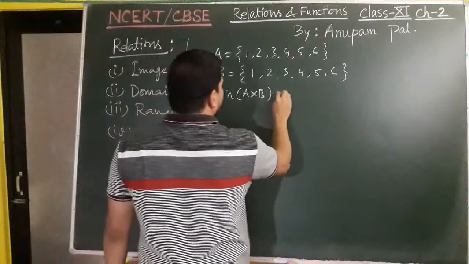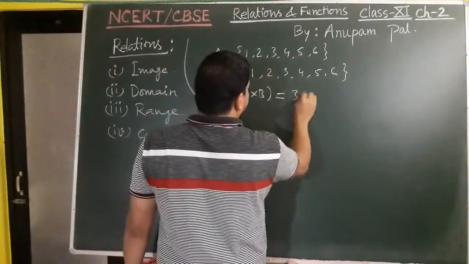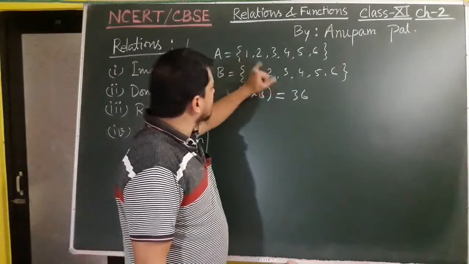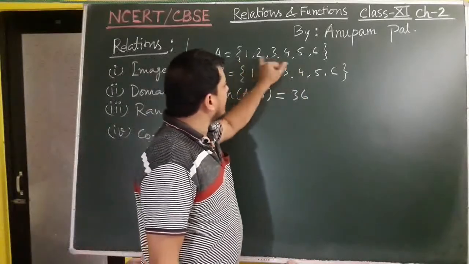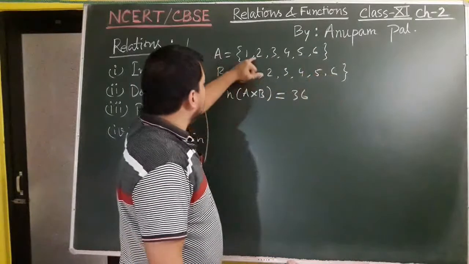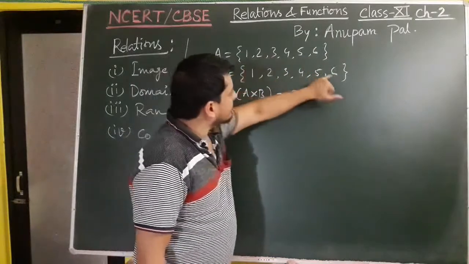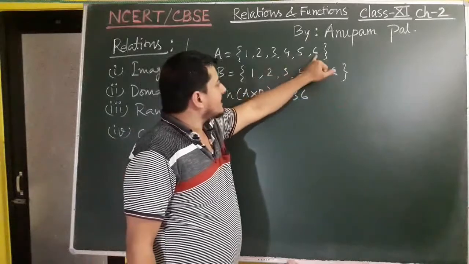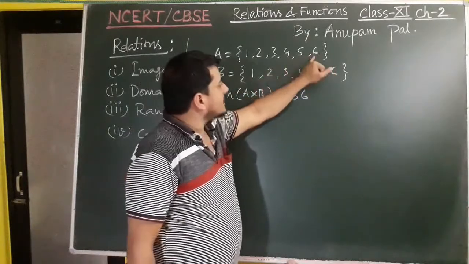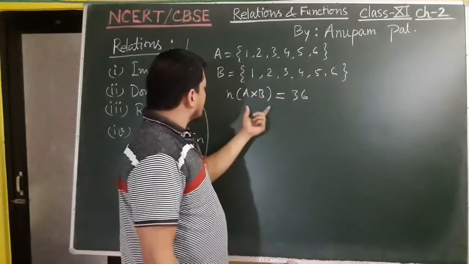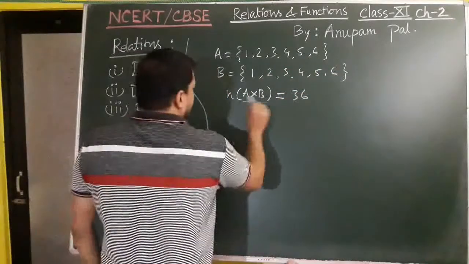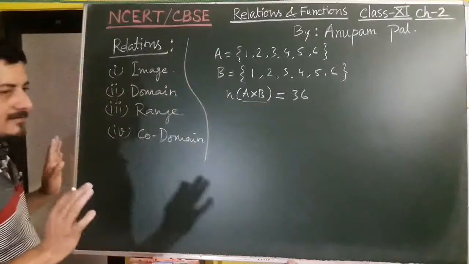There will be 6 multiplied by 6, which is 36 elements. 1 with 1, 1 with 2, all the way till 1 with 6. Then 2 with 1, 2 with 2, all the way till 2 with 6. This way you go till 6, 1, 6, 2 till 6, 6. So totally you will have 36 ordered pairs in A cross B.